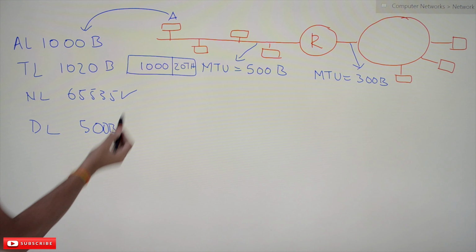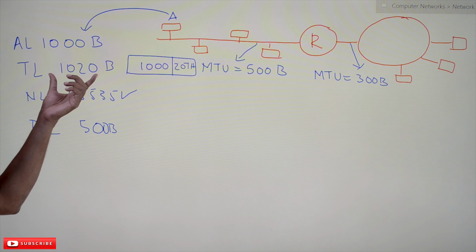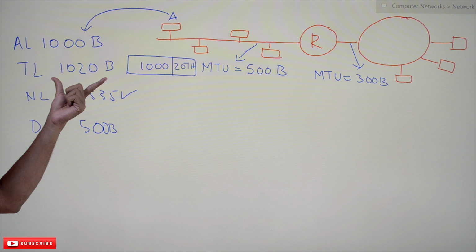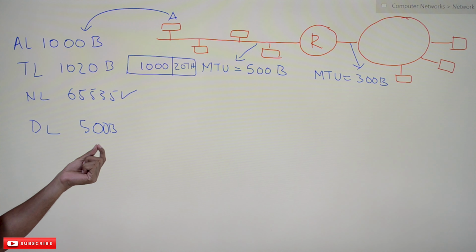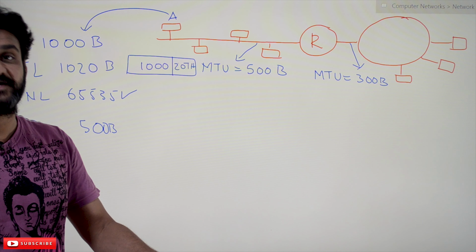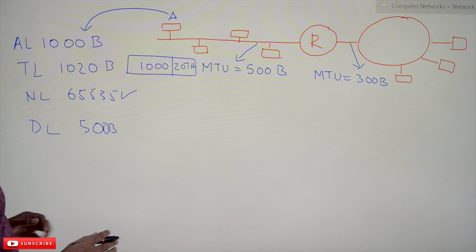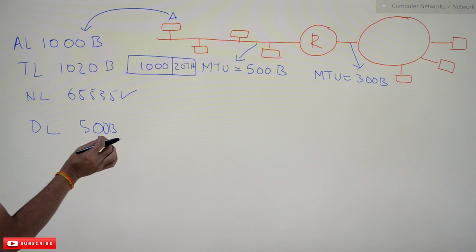This is a very large capacity, but this 1020 bytes of data cannot be transmitted through the data link layer. The underlying network has a capacity of only 500 bytes. So now this entire packet of 1020 has to be divided based upon this concept.